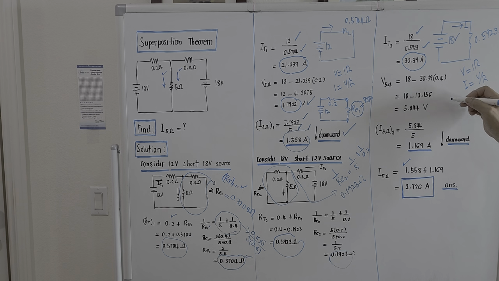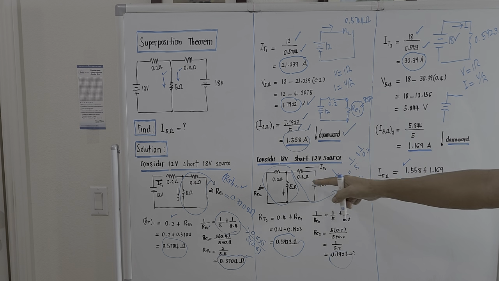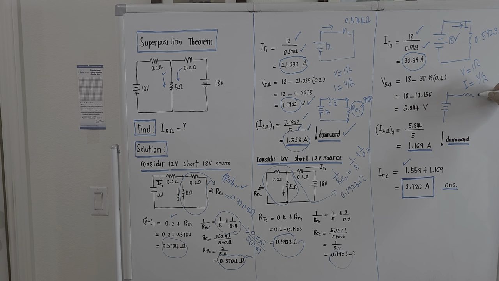Okay, what will be next? I will draw a circuit diagram again. This is 0.4 ohm. And this is 18 volts. And the voltage here is actually the voltage across the 5 ohm. Okay, we could compute for this.